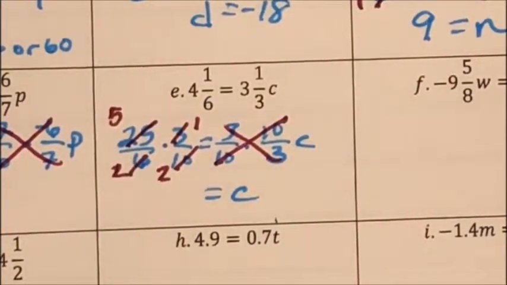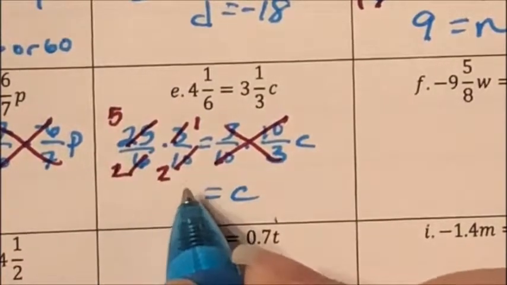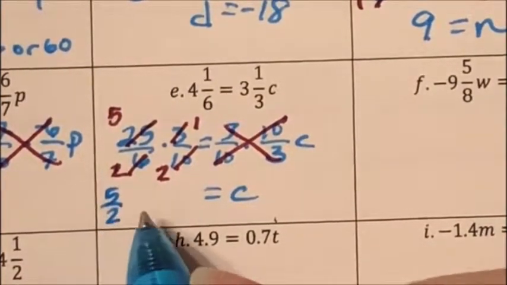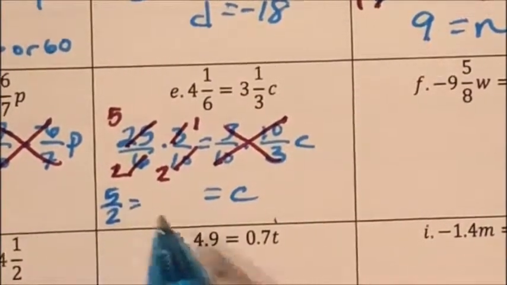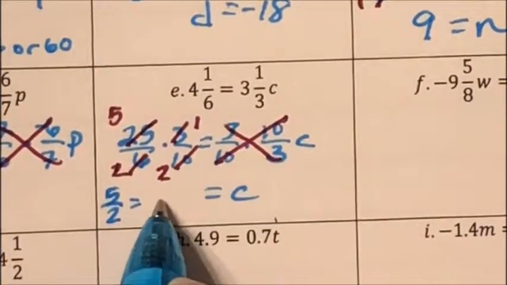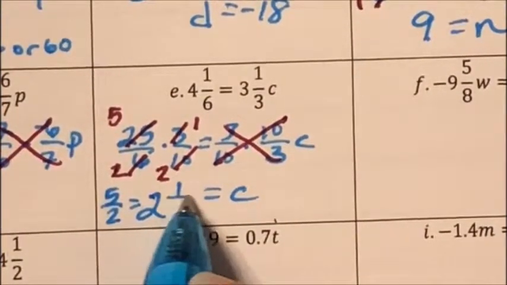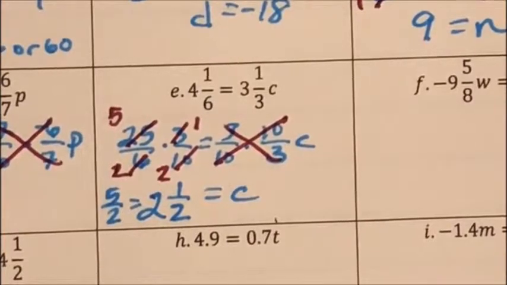So I have 5 halves. When I change that back to a mixed number, 2 goes into 5 2 times, and I'm left with 1 over 2. So either 5 halves or 2 and 1/2, either would be correct answers.